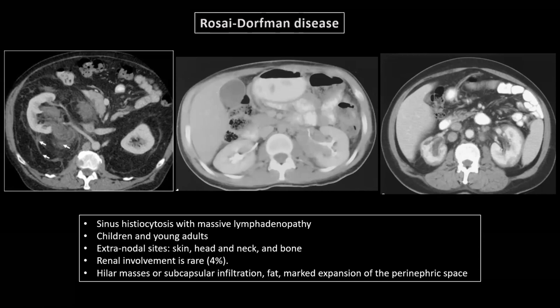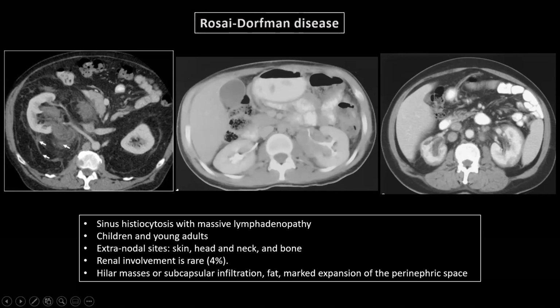However, if it occurs, it will resemble other differential diagnoses, like we can see in these cases. We can see the rind-like soft tissue density in bilateral perinephric regions with some lymph nodes. We can see here a pattern similar to IgG4 related disease with peripelvic involvement, and here a pattern also similar to lymphoma with a large exophytic mass with lymph nodes.